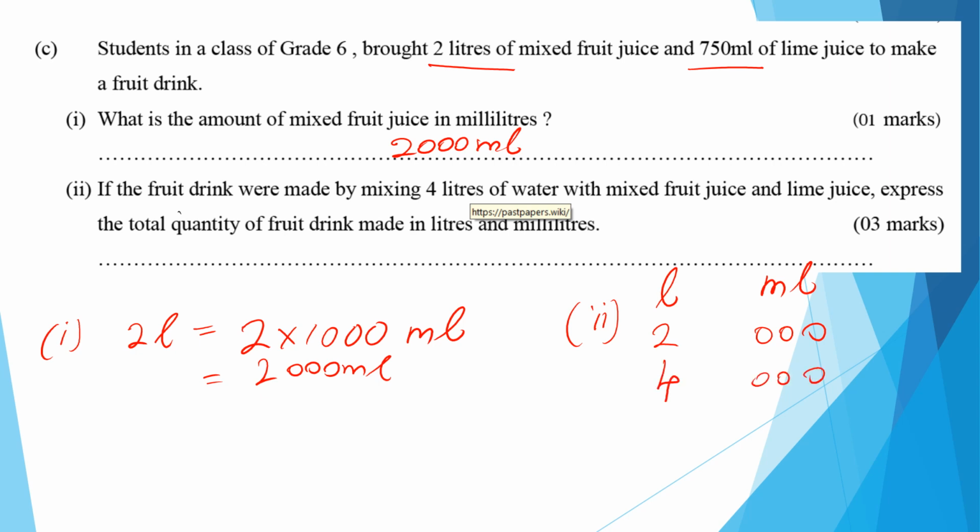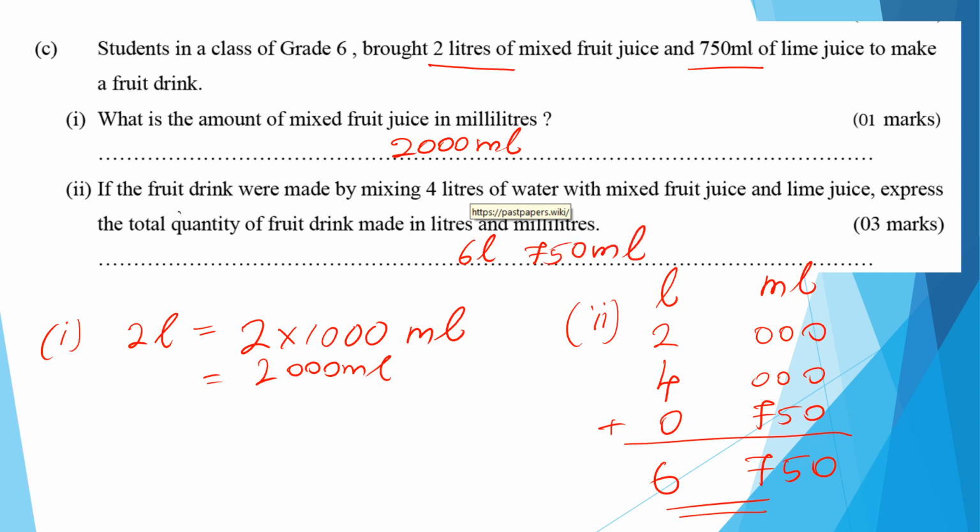This is the amount of water, and the 0 750 milliliters is the amount of lime juice in milliliters. You can add all this together: 0, 5, 7, and 6. So you get 6 liters and 750 milliliters. This is the answer for part C.